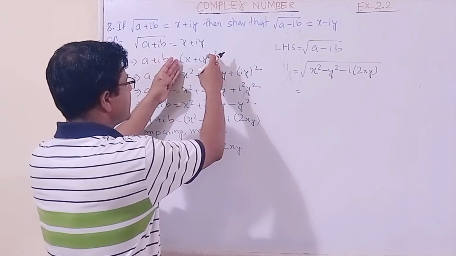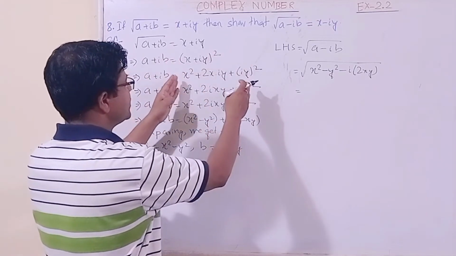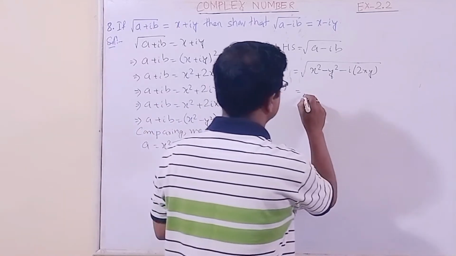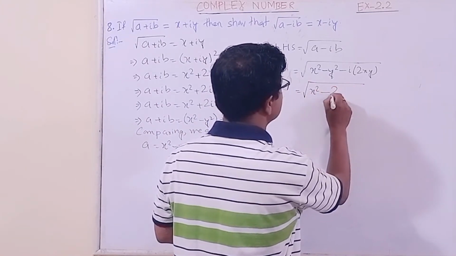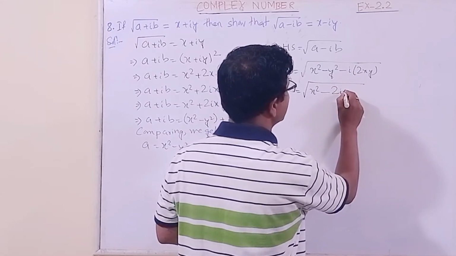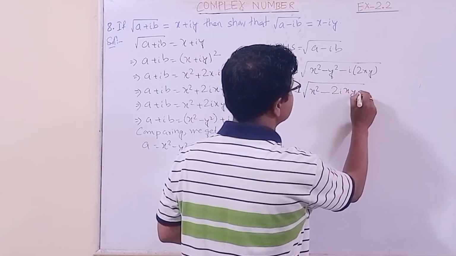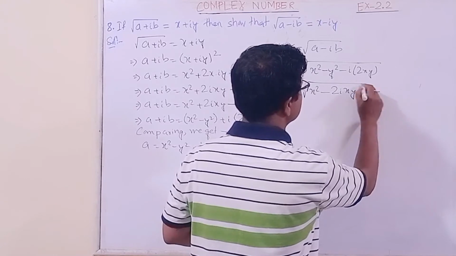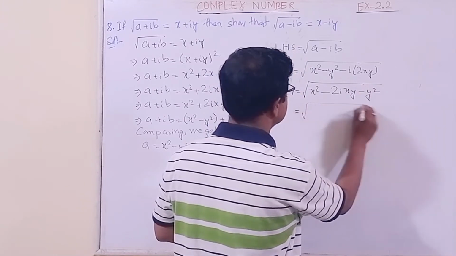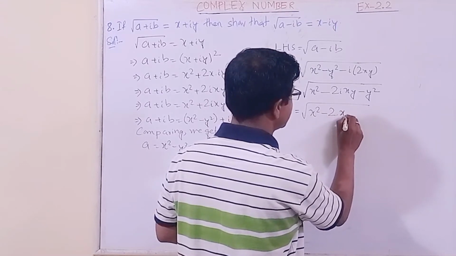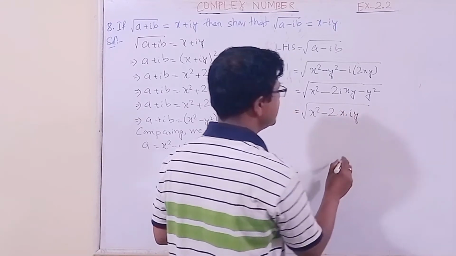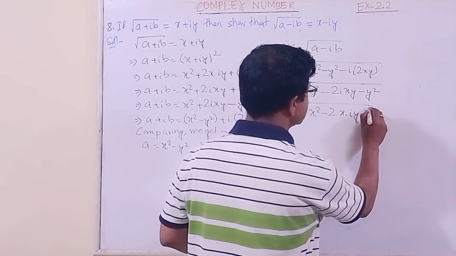Yet expand. Firstly this was like this, then we expanded, let us go in reverse now and see how it will be. x square minus twice, this one we have written twice i xy, minus y square. I am doing it a little elaborately so that everybody can understand. x square minus twice x, then we can write iy, okay same thing plus.